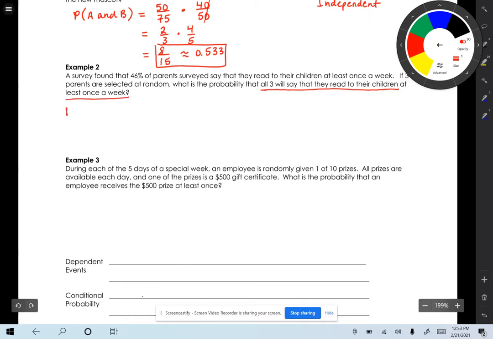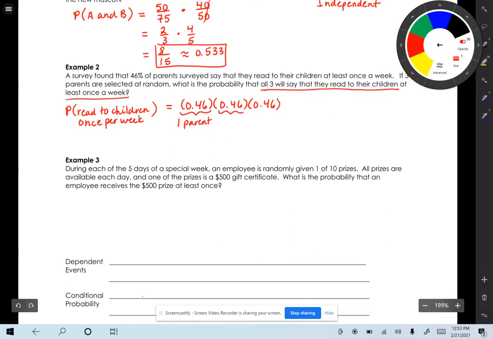Okay, so the probability that they read to children once per week is equal to 0.46, because that's 46% as a decimal, times 0.46 times 0.46. Now, why am I doing it 3 times? Because, remember, this is the probability that the first parent will read once per week.